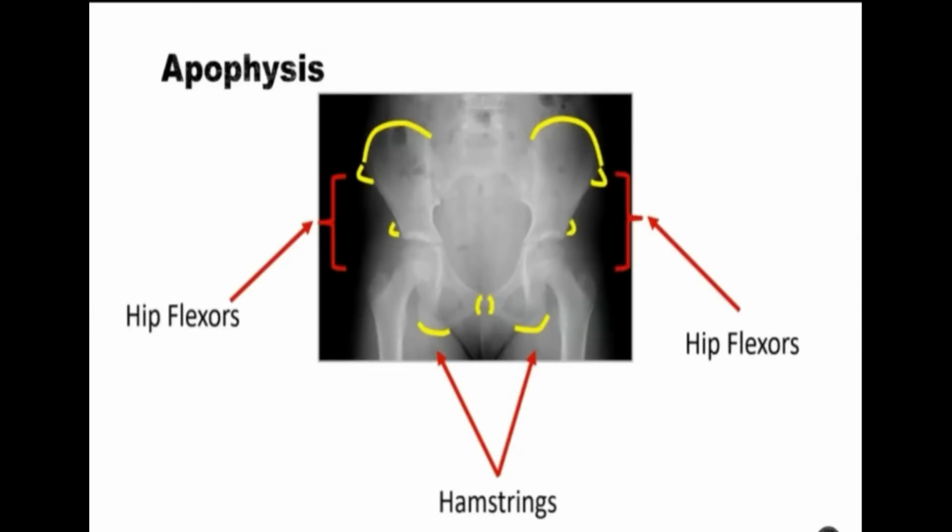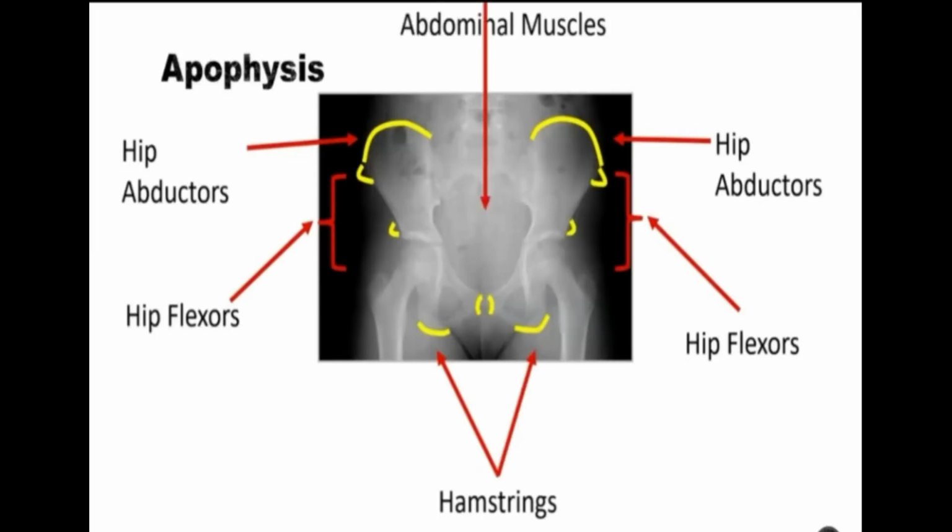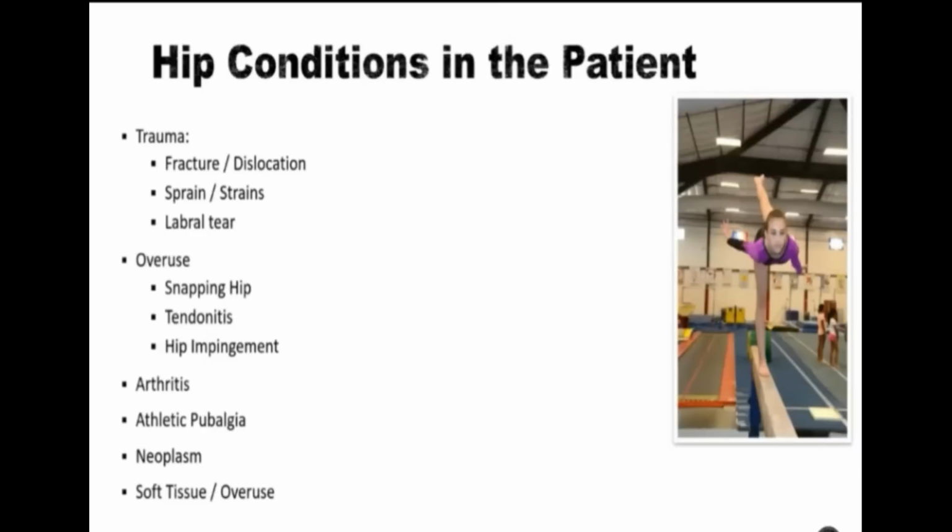You've got your hip flexors, the sartorius and the rectus femoris, those little comma-shaped things on the pelvis. You've got your hip abductors from your iliac crest, which you can feel on any of our hips. Then your abdominal muscles attach into your pubis. The term apophysis is not always common to people when they start learning orthopedics, so it's good to have a basic knowledge of them.